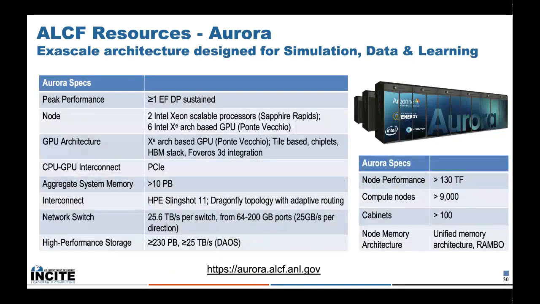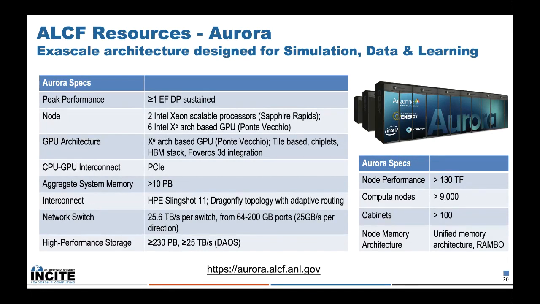Thank you. So coming soon to the ALCF is Aurora, an exascale architecture designed for simulation, data, and learning. A sustained double precision performance of more than 1 exaflop will be delivered by compute nodes, each having 2 Intel Xeon CPUs and 6 Intel Xe GPUs, all with unified shared memory. Similar to Frontier, Aurora's network will be the new HPE Slingshot fabric in a Dragonfly topology with multiple connections on each node.